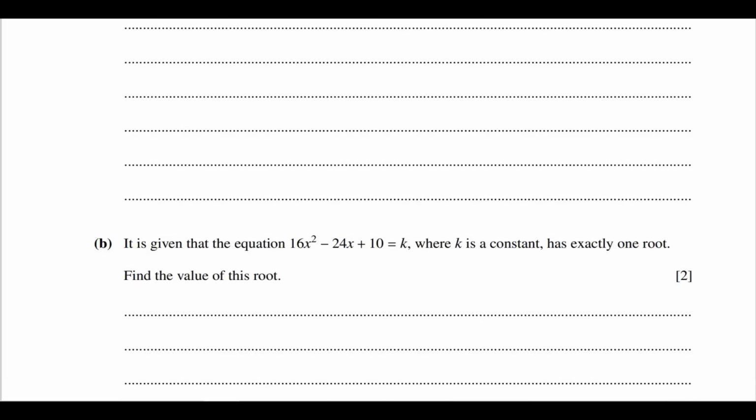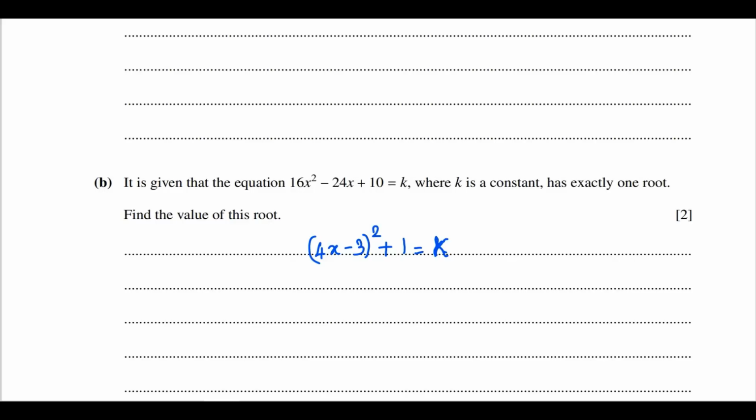So (4x minus 3) the whole squared plus 1 equal to k. So it has exactly one root. That means (4x minus 3) the whole squared should be equal to 0. So k is equal to 1.